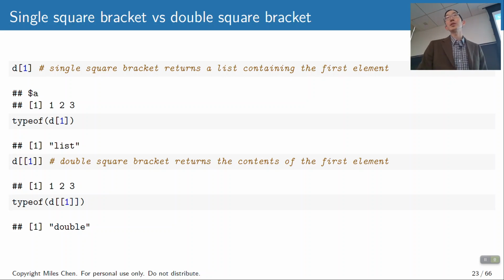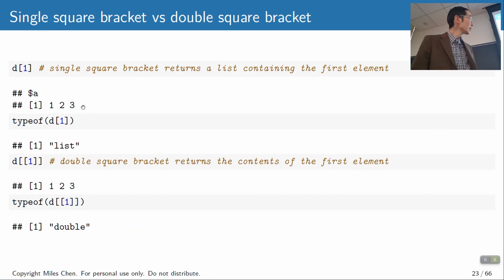One of your tasks in this first homework assignment is to extract the elements and sort them into numeric, integers, and so on, and you have to be able to work with lists. This is intentionally forcing you to work with lists and think through whether you need a single square bracket or a double square bracket.